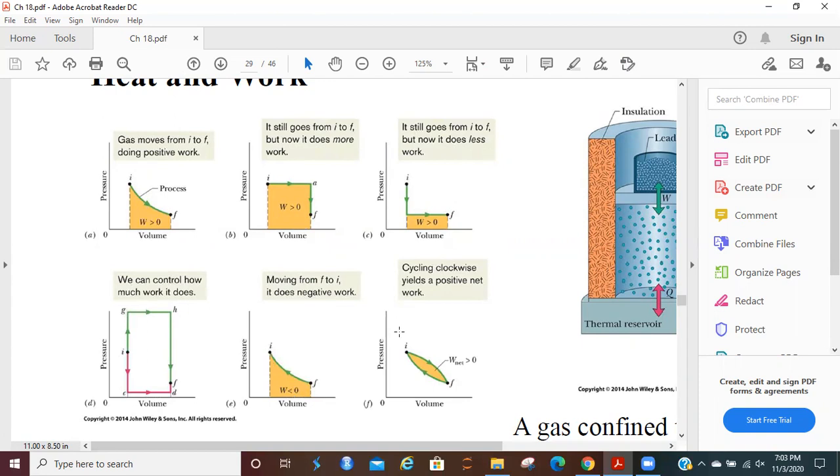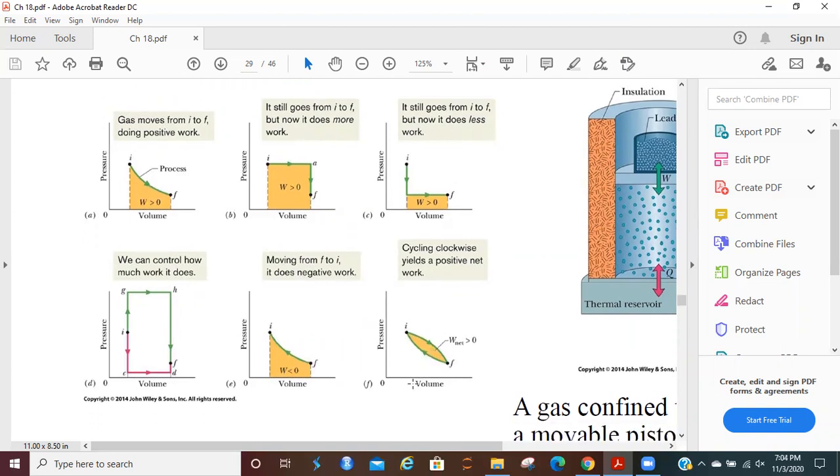And then cycling clockwise yields positive net work. And the reason is that you do a certain amount of work in going from this direction, which is considered to be positive, but as it moves back like this, that is going to be negative work. When you take the difference between this and what you see over here, this is the volume that you get.